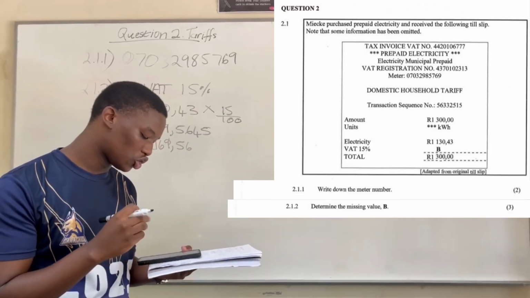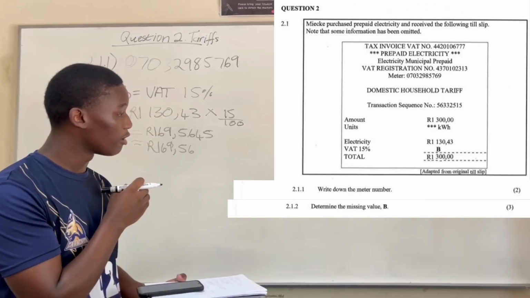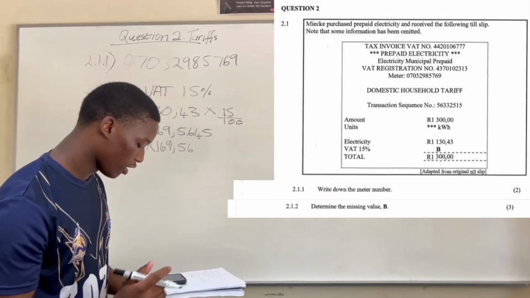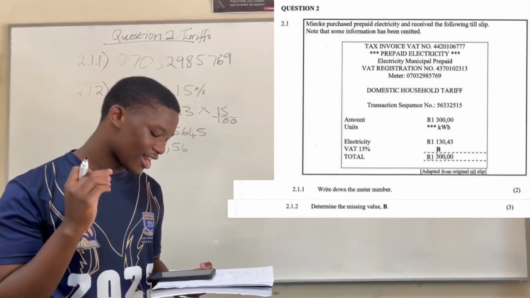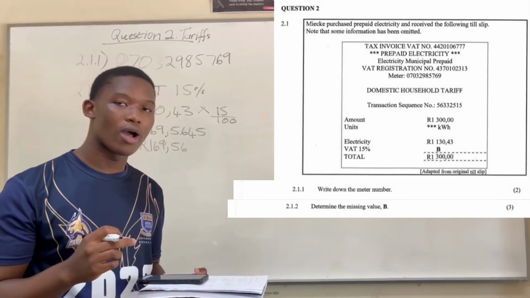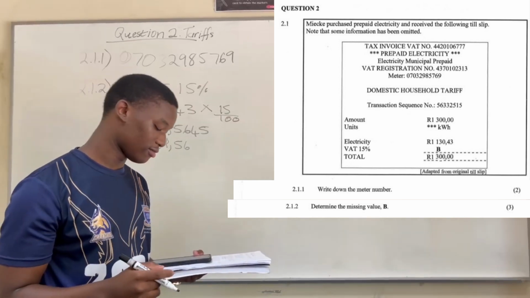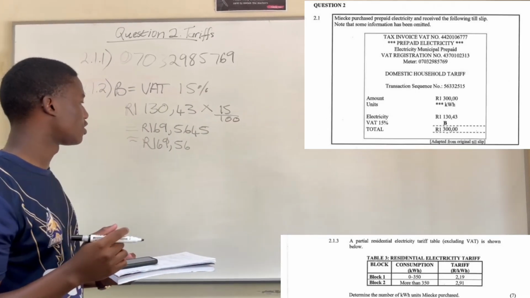It's shown below, with the block, the consumption, and the tariff. The question says determine the number of kilowatt units Miyeke purchased for 7 months.